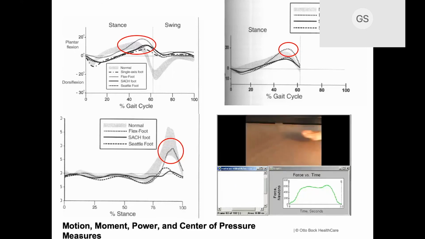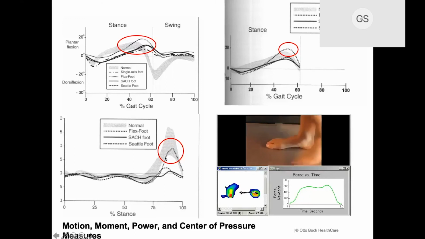And this is power. Power is the rate of change in the sense of work. So what's happening is that impulse resistance is so important. See how it's in the middle range, whereas if you had something else, either a SACH wooden foot or a low-grade plastic foot, which mimics, in a sense, a more flaccid foot orthotically, you can see it's right almost in the middle range of power.